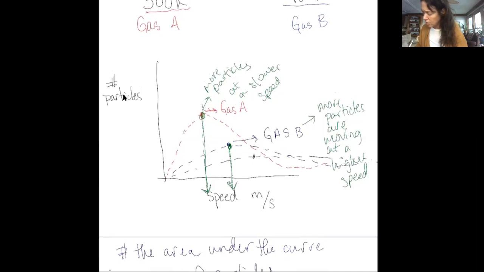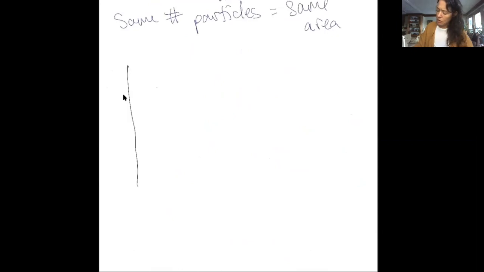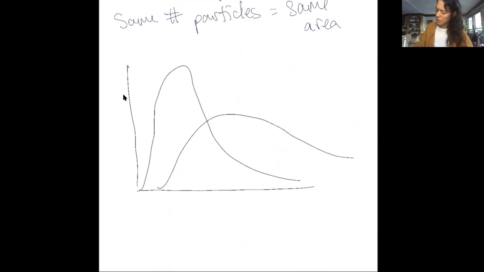So this would be my highest temperature curve. Let's say they look like this, maybe like this, and this is going to be the lowest temp, and this is going to be the highest temp.